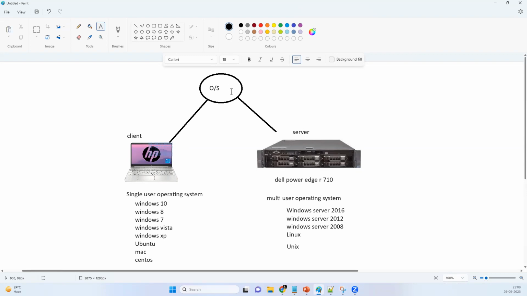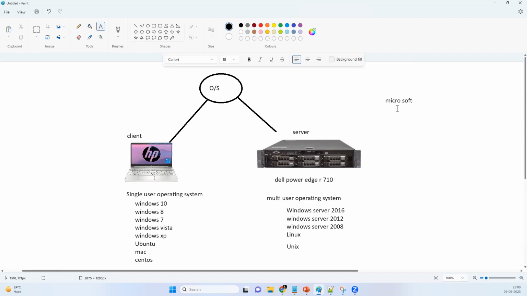So who developed Windows, guys? Who created the Windows OS? Microsoft. The Microsoft company created two types of OSs.